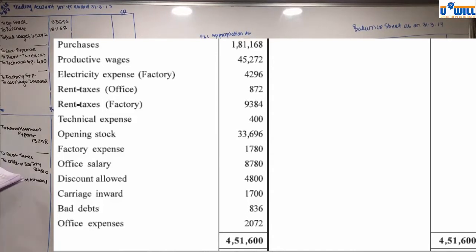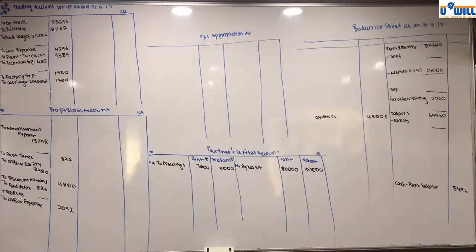Bad debts, inner column 836, plus bad debt reserve as per adjustment. Office expense. Is the debit side done for everything?